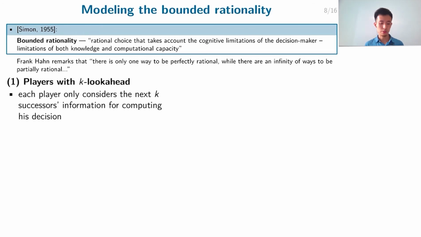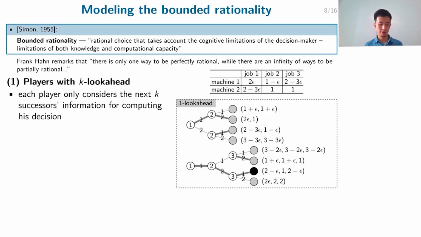So in this work, we propose 2 ways to model the bounded rationality of players. The first one is players with k-lookahead, in which each player only considers the next k successors' information for computing his decision. For example, in the previous case, when each player has 1 lookahead, the game will play as follows.